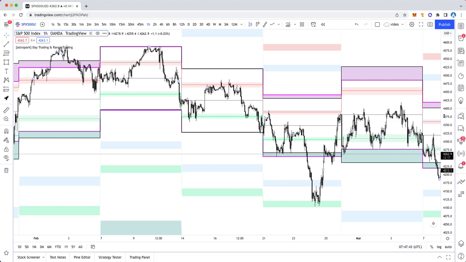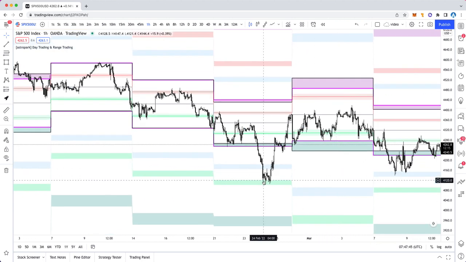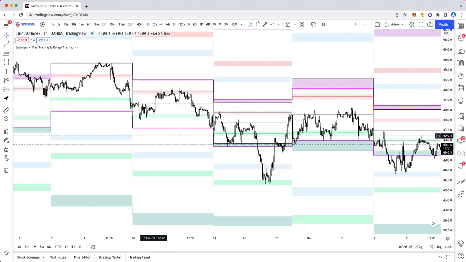And in this case, you can see the second extension of support was also tagged. Really a great opportunity.